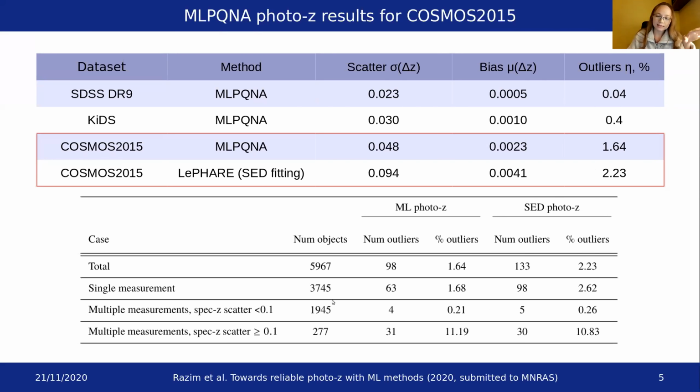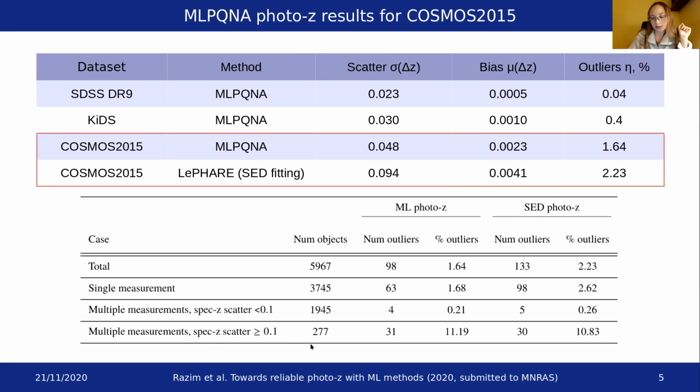Fortunately, since this catalog was combined from several catalogs, we had some objects for which we had multiple measurements, and that allowed us to conduct the following analysis. We divided our catalog into 3 categories of objects: with only a single measurement of spec-z, with multiple measurements that are in good agreement with each other, and with multiple measurements that do not agree with each other.